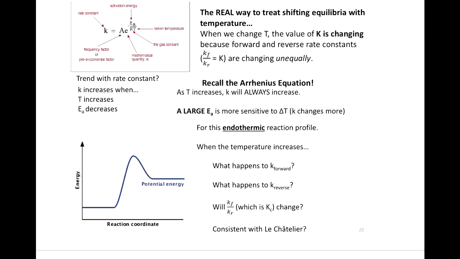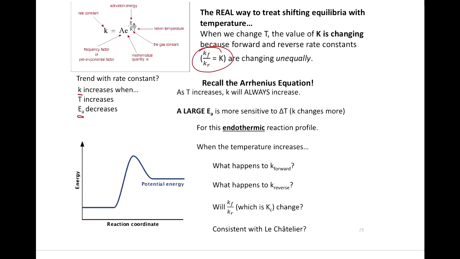So here's the idea, right? The equilibrium constant is not just products over reactants, but it's the ratio of the forward rate constant over the reverse rate constant. Remember what we said about rate constant? Rate constant increases when either temperature increases, hot reactions go fast, or when the activation energy is small. Small activation energy, fast reaction.